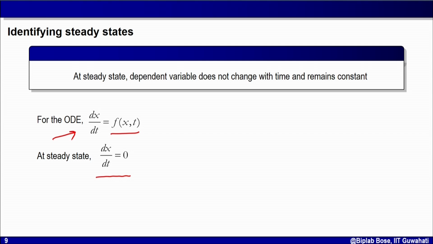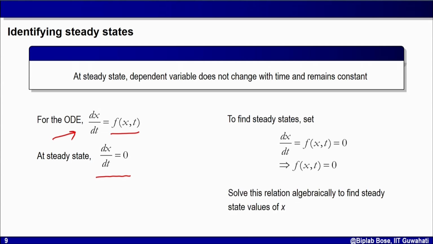Now how should I find that steady state? Suppose I have been given dx dt is equal to f of x, t, so I will put that equal to 0. Then I will simply do algebra so that f of x and t is equal to 0. I will separate out x and t so that I get the value of x for which dx dt is equal to 0.